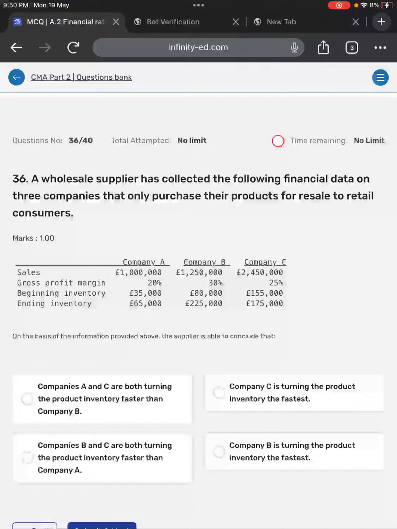Gross profit margin 20% means 8 lakh. Okay.